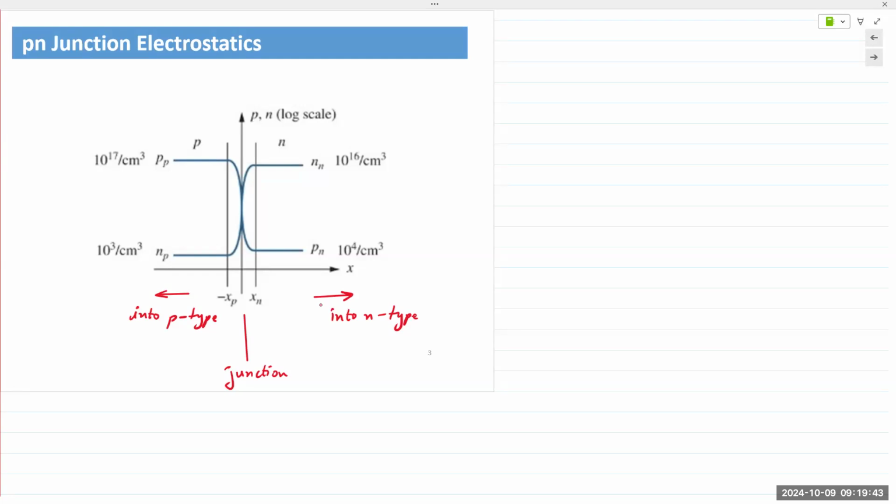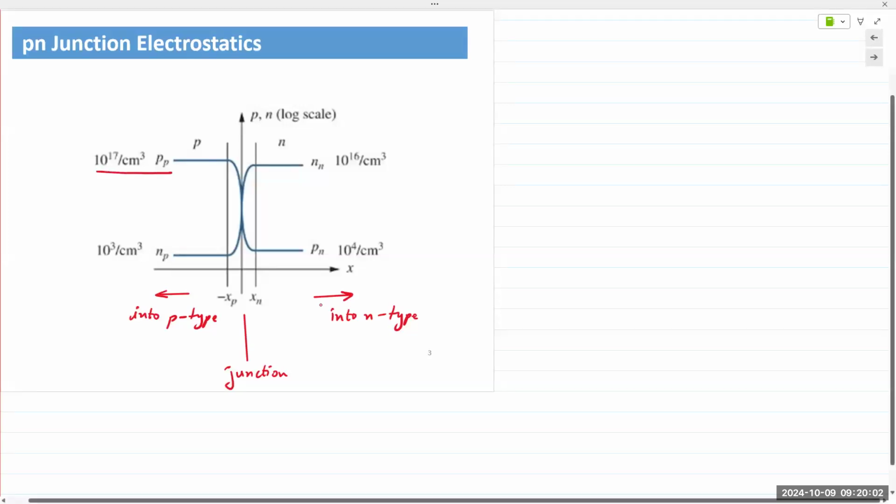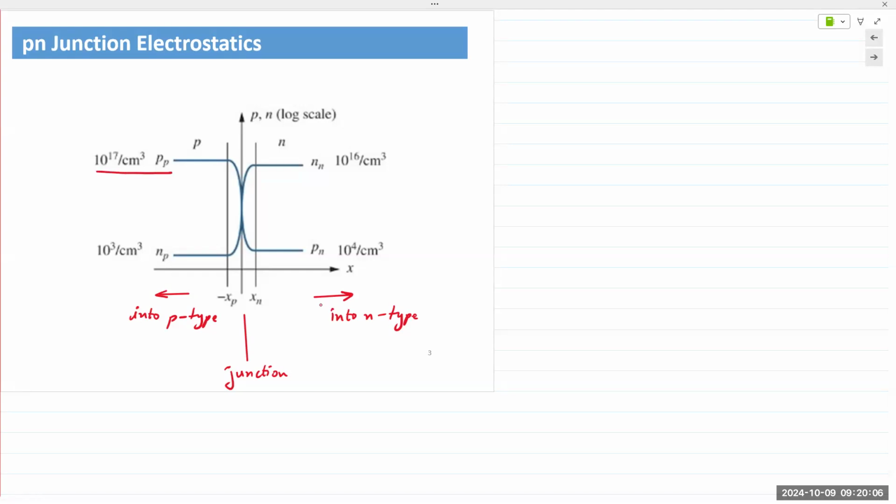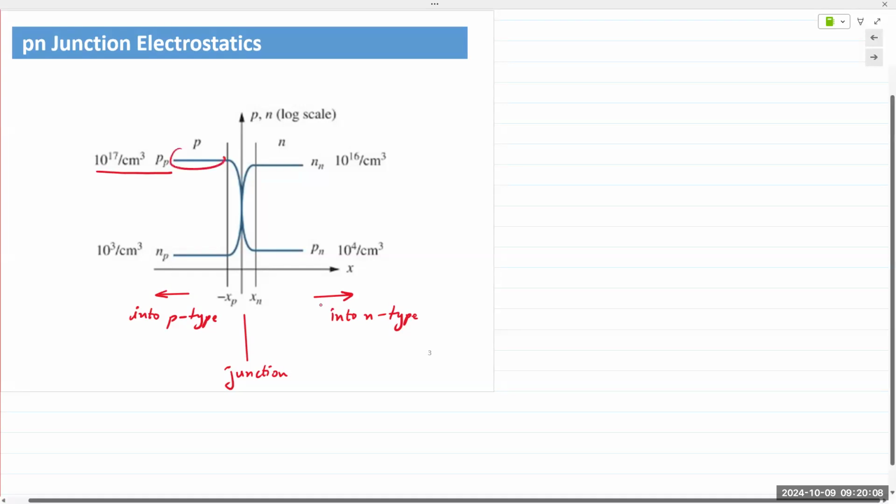Now, for the P-type material, we would assume that the holes are implanted throughout the material. Okay, that's what the assumption is right now. What happens beyond a certain depth, we don't really care. Okay, but for now, we will say that the concentration of the holes in the P-type material is uniform at this level right there.